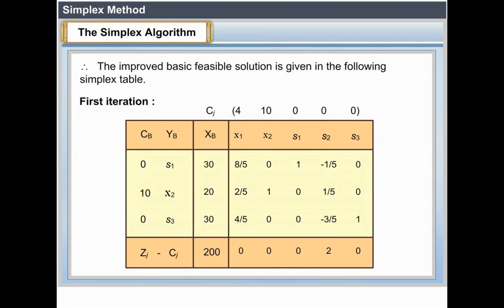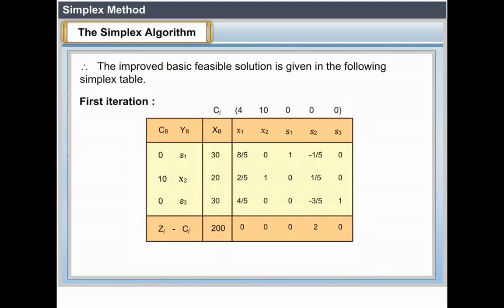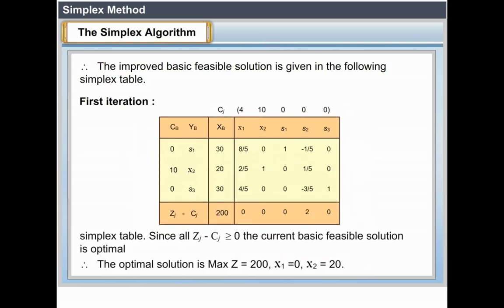Then the Zj minus Cj row: 200 for XB, 0 for X1, 0 for X2, 0 for S1, 2 for S2, 0 for S3. Since all Zj minus Cj are greater than or equal to 0, the current basic feasible solution is optimal. Therefore, the optimal solution is maximize Z equal to 200, X1 equal to 0, X2 equal to 20.